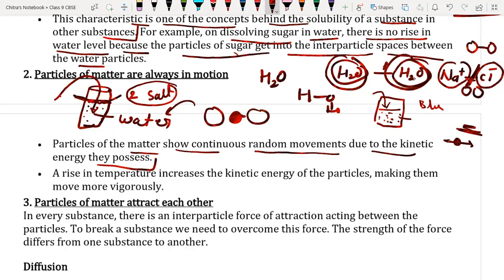They can move because they have interparticle space between them, as we discussed in the first point. In that space, the particles of a solid also perform motion.